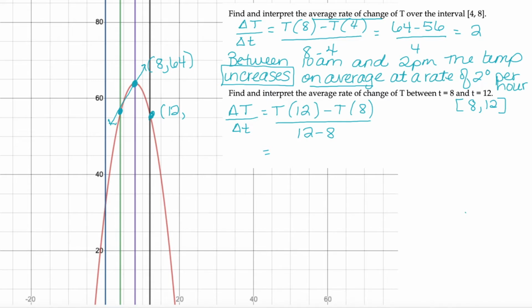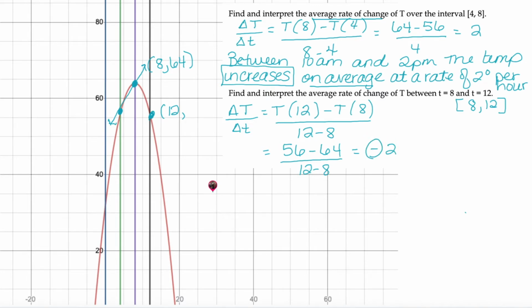This will give us 56 minus 64 over 12 minus 8, or 4, which reduces to -2. So this time we have a negative result.